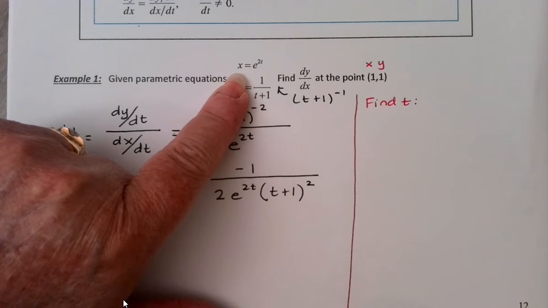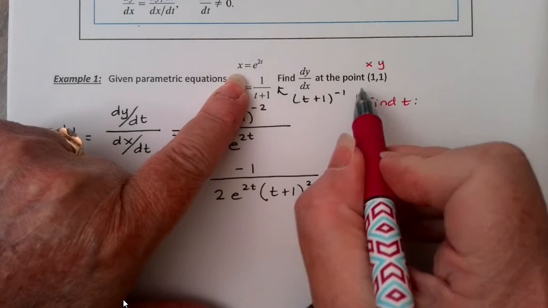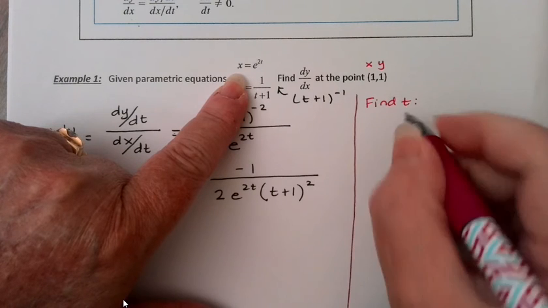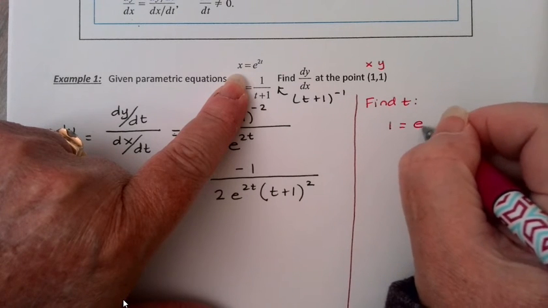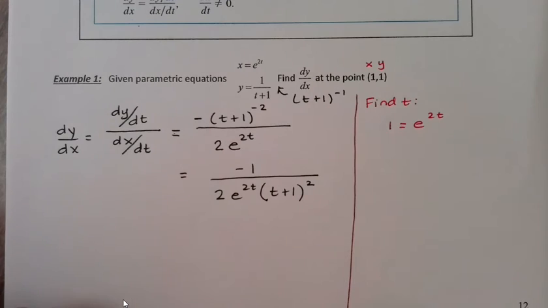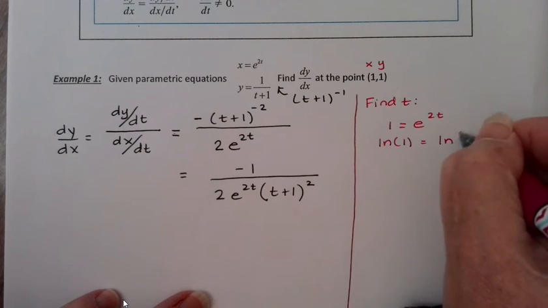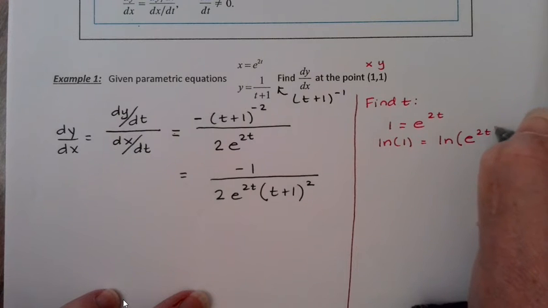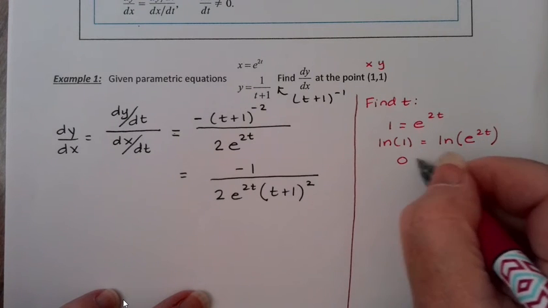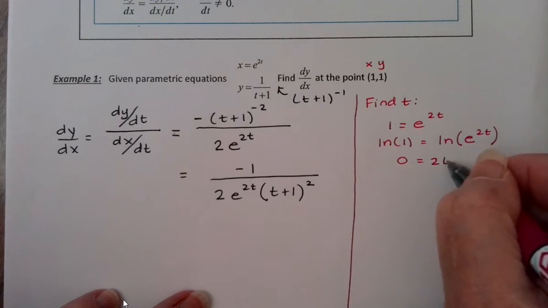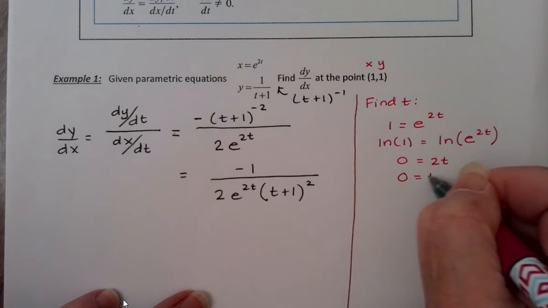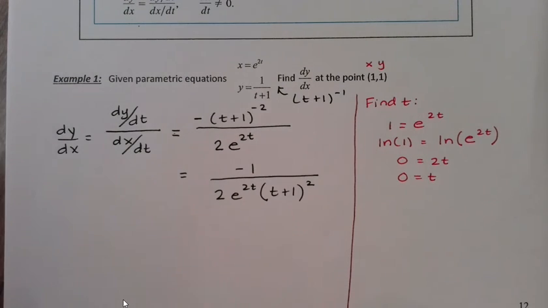My first equation, x equals e to the 2t. If I plug in x equals 1 and take the natural log of both sides, I would have 0 equals 2t, or just t equals 0. When you only get one solution for t, it better be right, but it's not a bad idea to check.